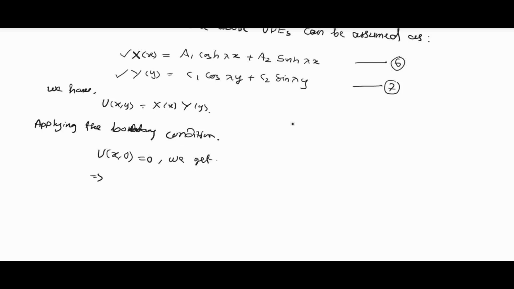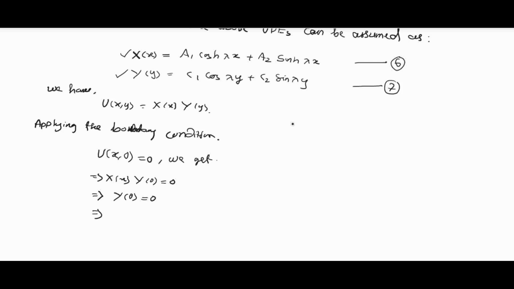That implies X(x) times Y(0) is equal to 0. Now X(x) cannot be 0, because if the function X(x) is 0, then the whole u will be 0. So this will actually give us a trivial solution. In order to get a non-trivial solution, we have to equate Y(0) is equal to 0.